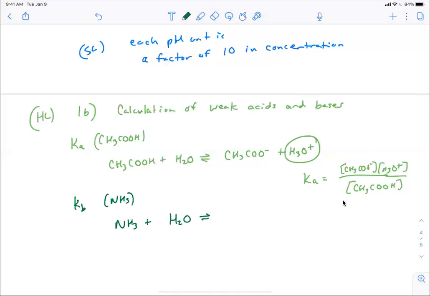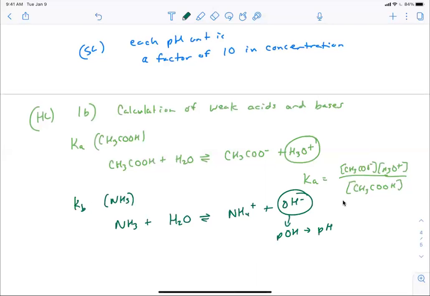It reacts with water to form a conjugate acid and OH minus. But you're dealing with OH minus, which can only let you solve for pOH, which then can solve for pH.